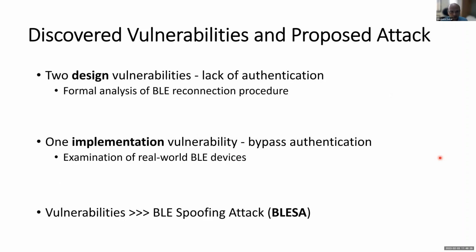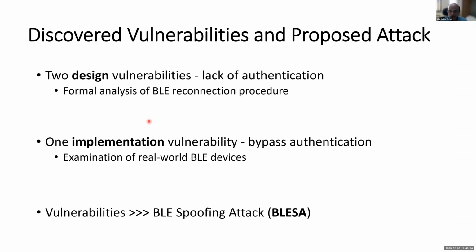We did a formal analysis of the BLE reconnection procedure. We used a tool to do that analysis, and we found a few design vulnerabilities. And in that analysis, we also found one implementation vulnerability. A design vulnerability means that there is some lack of a security protocol which had to be implemented but is not there.